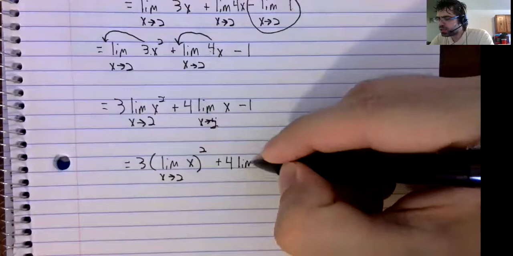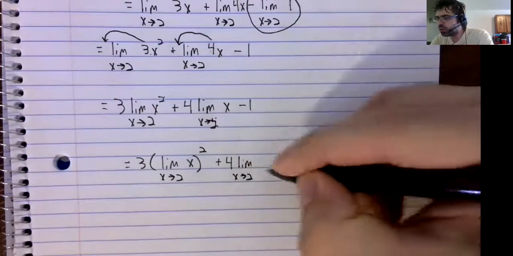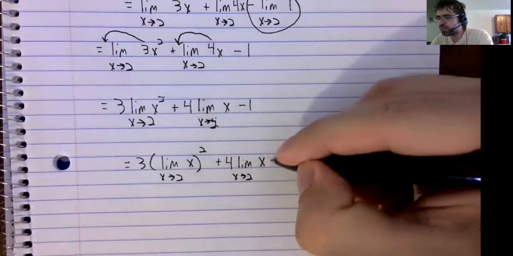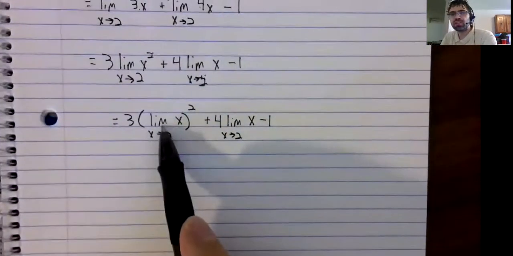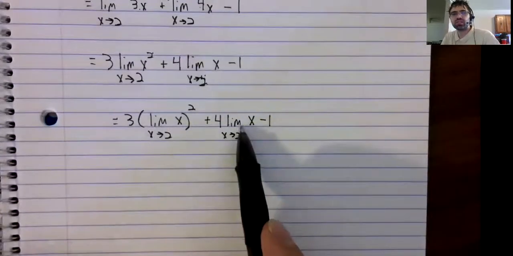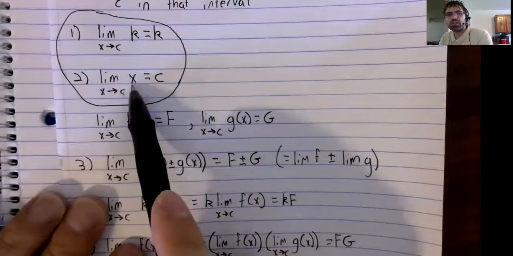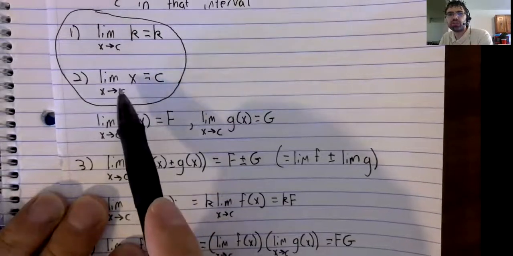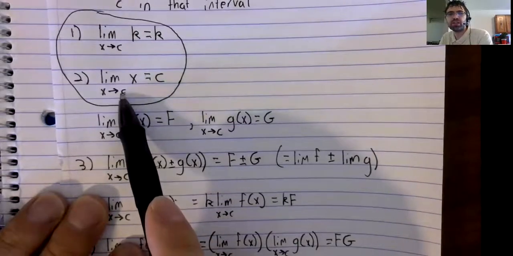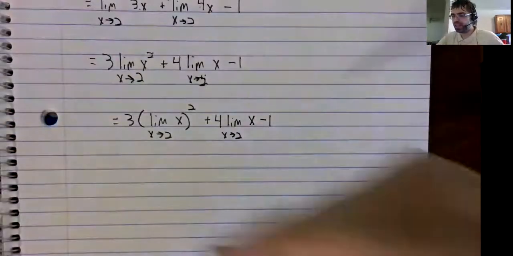And let's leave this second limit alone for the time being. We're going to deal with this limit and this limit in the same way. The limit of the identity function can be computed by taking the limit and sticking it in there.